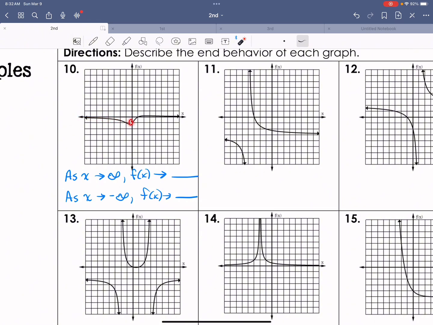And it appears to cross it here, but I think that is just a print error. It's actually not going to cross that x-axis again. So as x goes towards positive infinity, the graph approaches 0, but doesn't quite cross it. And then we have the same thing as we're going to the left. The graph approaches 0, but it never quite crosses it.